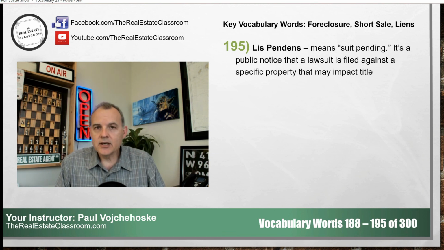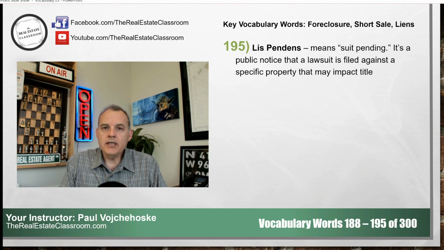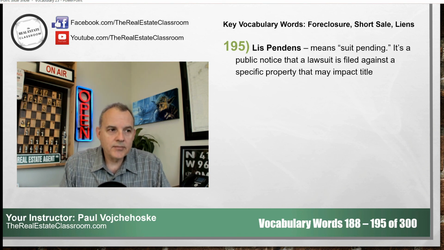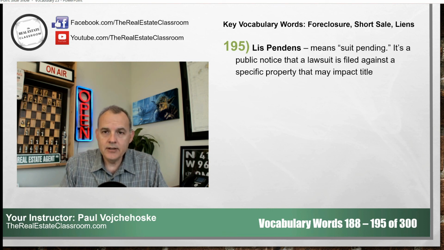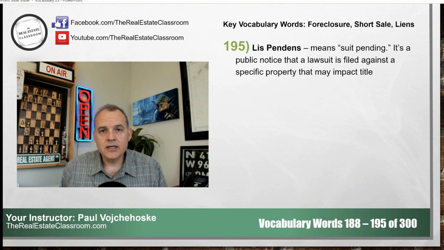It is just a technique that is used, a legal means that's used many times to stop the sale of a property until this lawsuit has been adjudicated. That is Lis Pendens. It is a key real estate term that we often see on the real estate licensing exam.